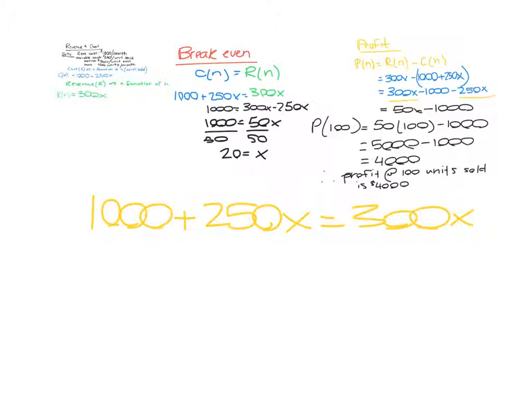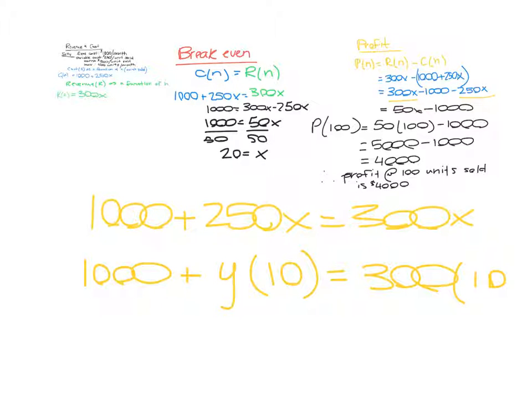So we're going to change a few things around. The 1,000 is going to stay the same. That's our constant. Plus, remember, we're reducing our variable cost, which is that 250. We don't know what we're reducing it to, which is why it's y. We want to know at 10 units what it's going to have to be to break even. So we write y times 10 units.